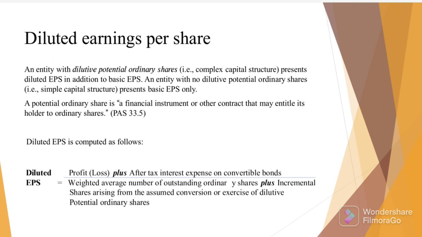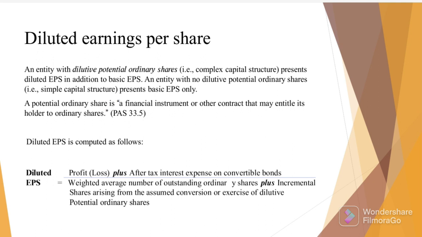Ang convertible bonds and convertible preference shares are dilutive if their conversion decreases basic EPS or increases basic loss per share. Meaning to say, yung conversion into the issuer's ordinary shares nagdi-decrease ng basic earnings per share or nag-i-increase ng basic loss per share.